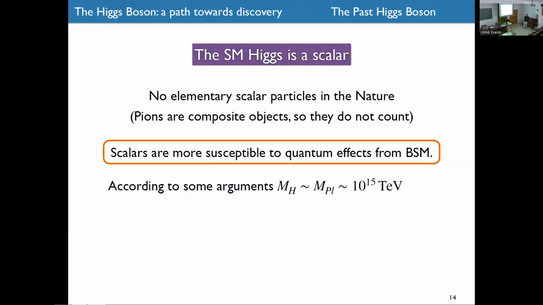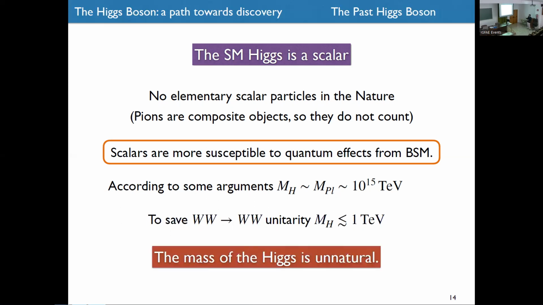So that means Planck scales, or 10 to the 15. But we know already that for unitarity, the Higgs most natural mass should be somewhere below 1 TeV. So there is evidently a strain here, because we have 15 orders of magnitude of difference. So these things tell us that the mass of the Higgs appears to be unnatural, according to this reason. So this is point one.